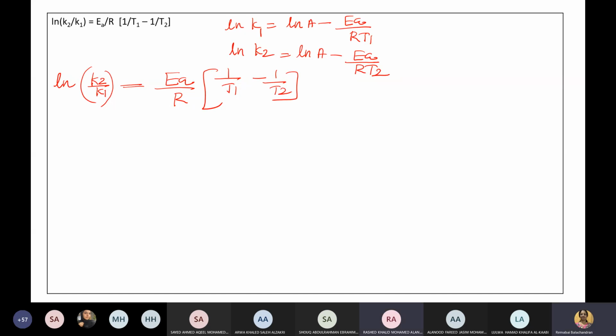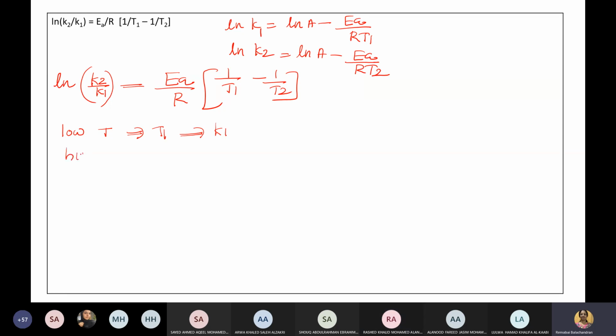Here, the important thing is, if the temperature is low, you can take it as T1, and the corresponding rate constant will be k1. When temperature is low, rate constant will be low. When the temperature is high, rate constant will be high.